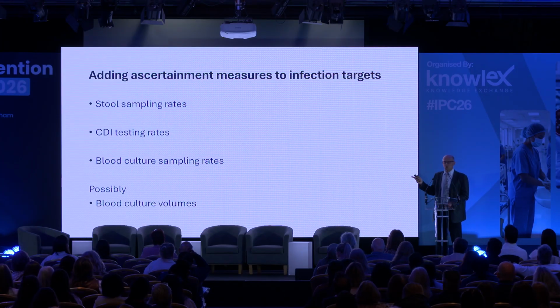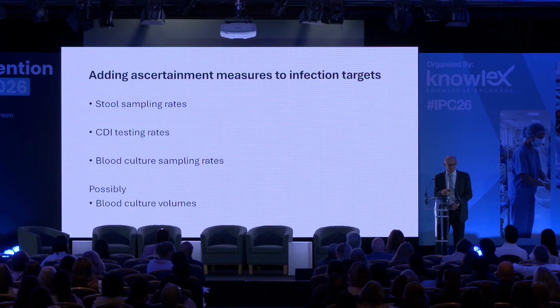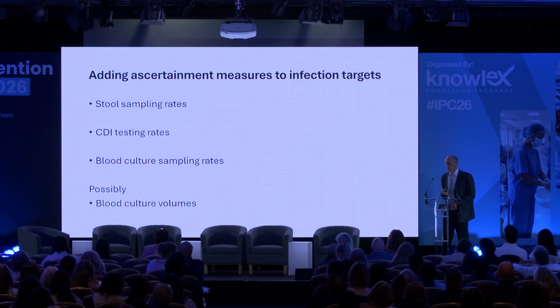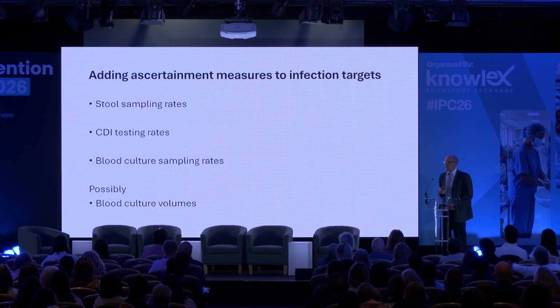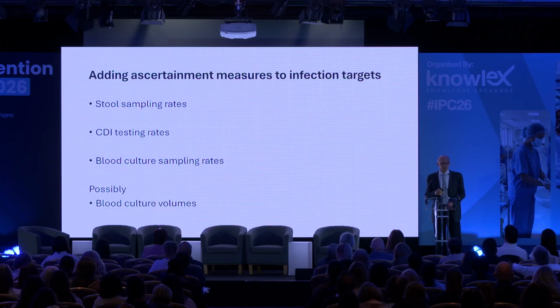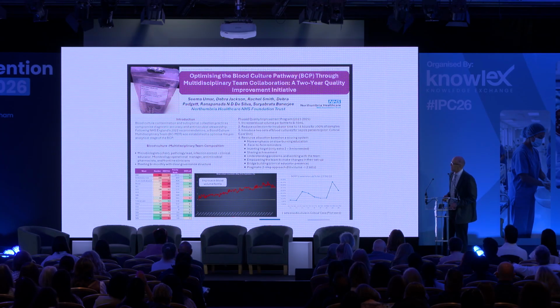And then in the future, rather than simply how frequently you're carrying out blood cultures, how well are you doing that? Are you collecting the right volume of blood? And are you getting those blood cultures into an incubator quickly enough? And all those factors affect the chance that the blood cultures will become positive.